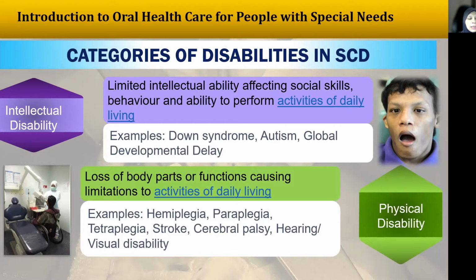This term explains those individuals who are unable, for example, to speak normally, or who can't communicate. They probably have limitations in understanding communications. Some of them are non-verbal, right? They are unable to perform activities of daily living like other people, so they may need support in order to do so.